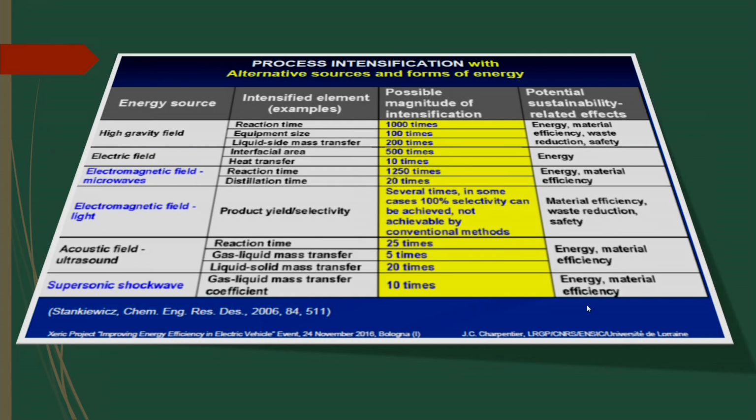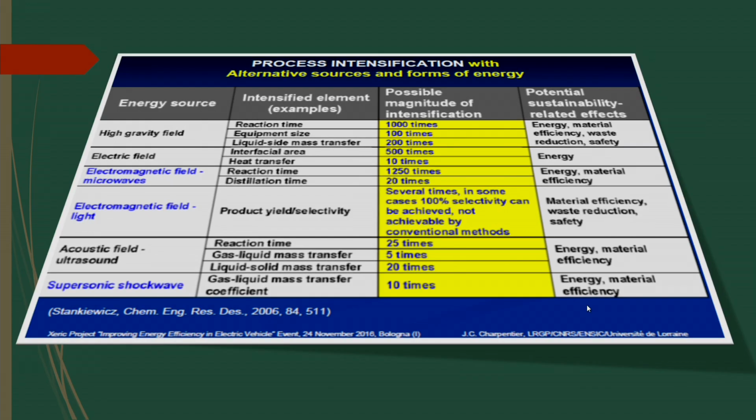So, there are several process intensification strategies with alternative sources and forms of energy given here: high gravity field, electric field, electromagnetic field, microwave, light, acoustic field, ultrasound, and supersonic shock waves.